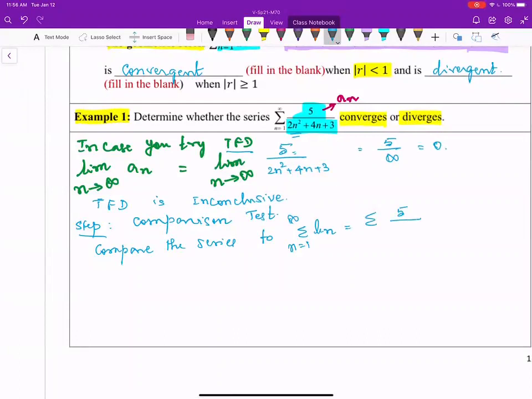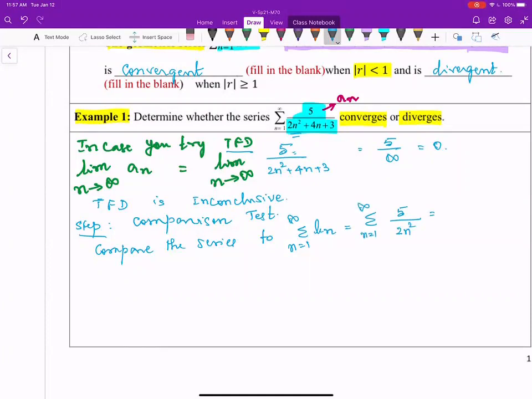Actually, if it is a polynomial in n, then you will choose the term with the highest exponent. In the numerator it's only a constant, so we'll choose that constant. In the denominator, 2n squared is the leading term, so we will pick 2n squared.